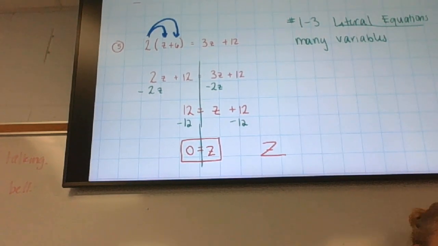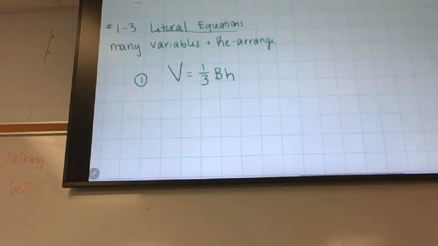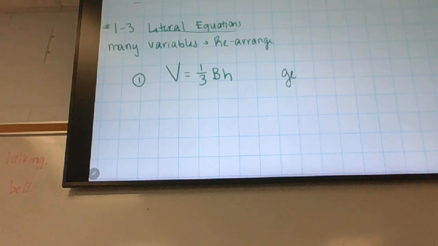You're rearranging. You're going to rearrange these. So number 1 is a volume. Volume equals 1/3 base times height. It says solve for B. So what we want to do is get capital B alone.